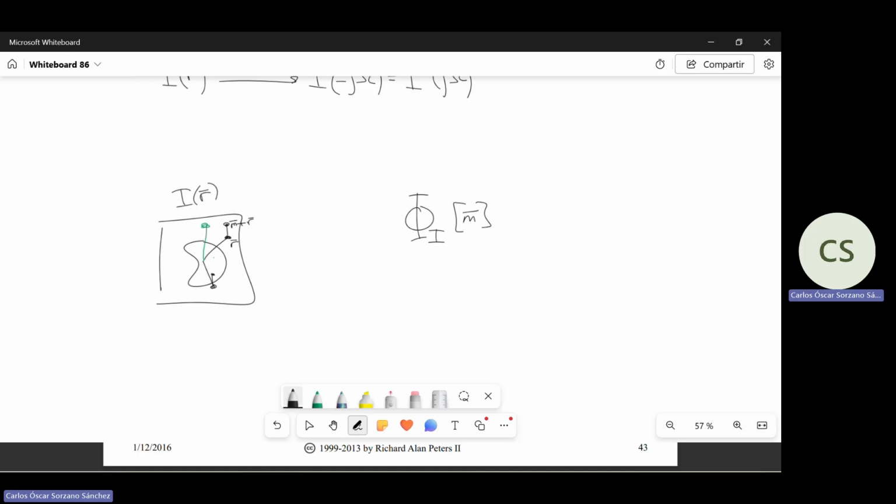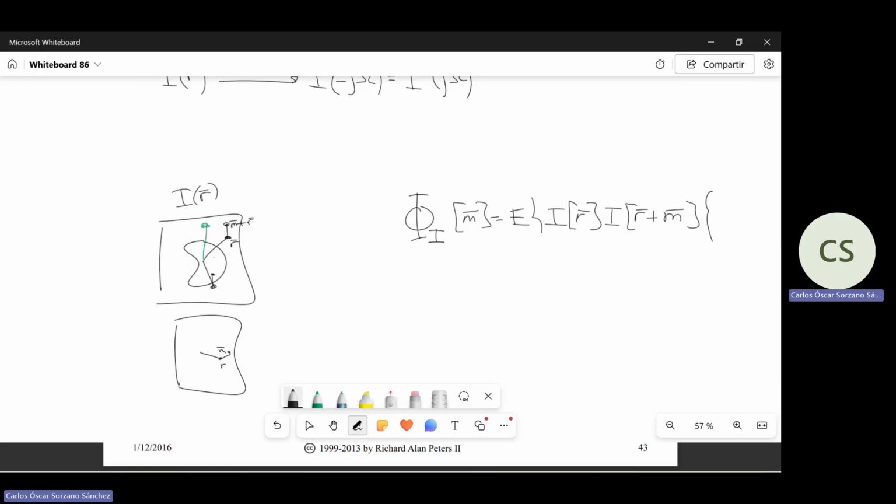And this for a vertical m, I could study for a different m. Okay, so I could have this r and then this m. So for an arbitrary vector m, this is the expected value of the image at r times the image at r plus m. This is the definition of autocorrelation.